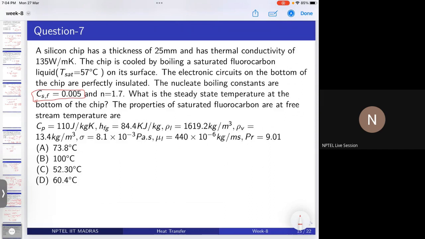So it is different. If it is given, it is 0.005 for this fluid-surface combination. It not only depends upon water, it depends upon any fluid. That's why these C_sf and n values are given.